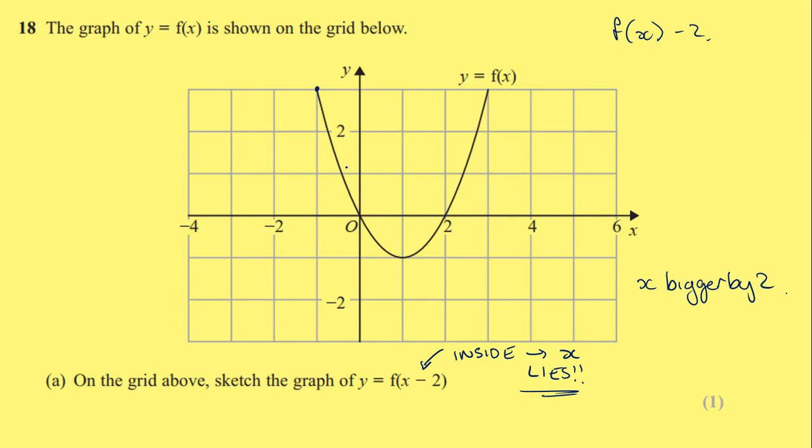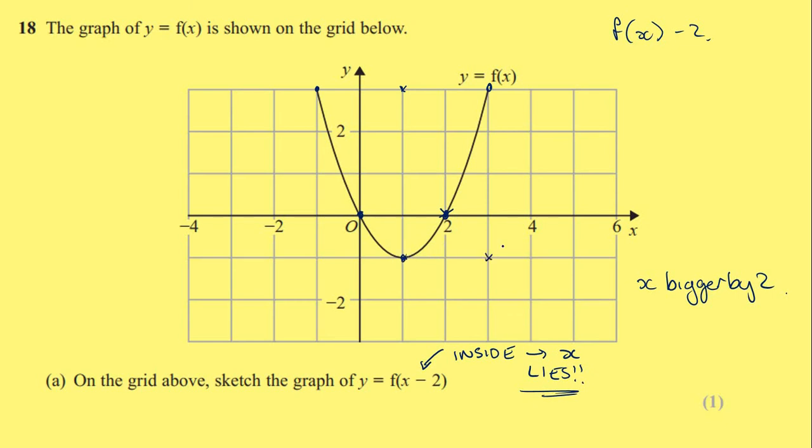Now, what I like to do is to put on some little dots or little crosses of points that hit grid lines. At the moment, my x is negative 1 here. Bigger than that by 2 would be 1. At the moment, my x is 0 here. Bigger than that by 2 would be 2. At the moment, my x is 1 here.